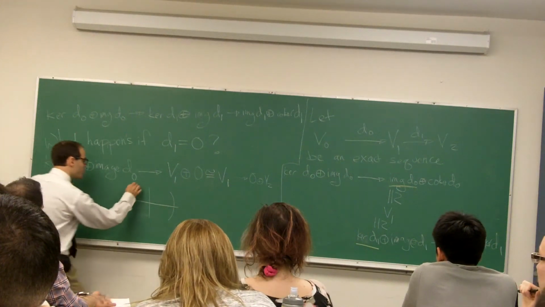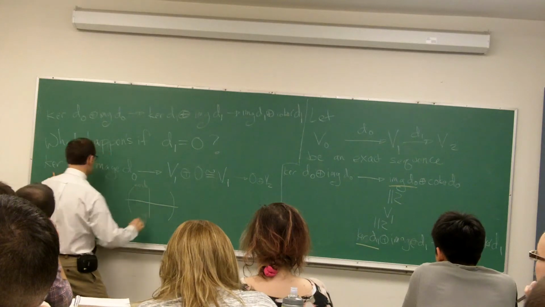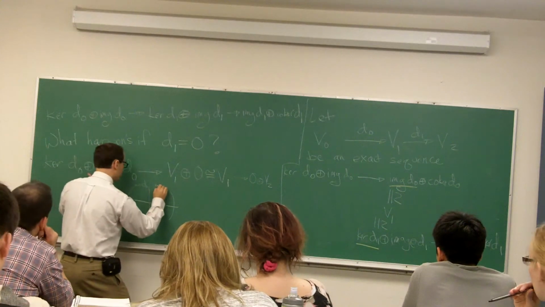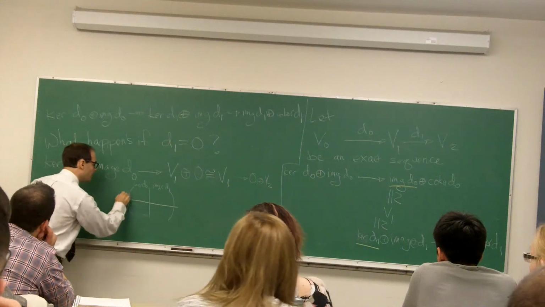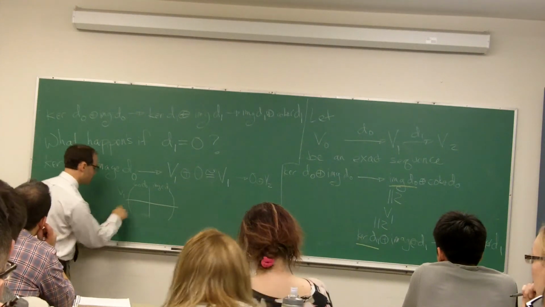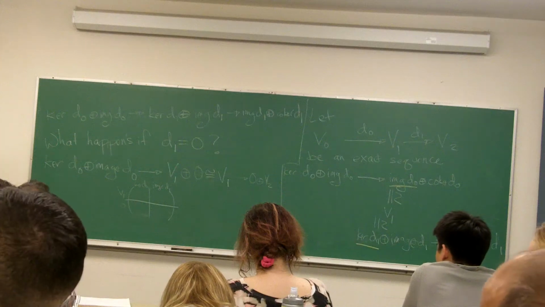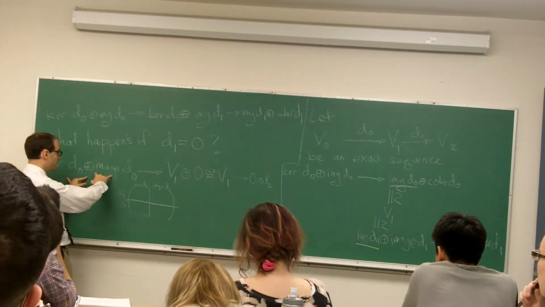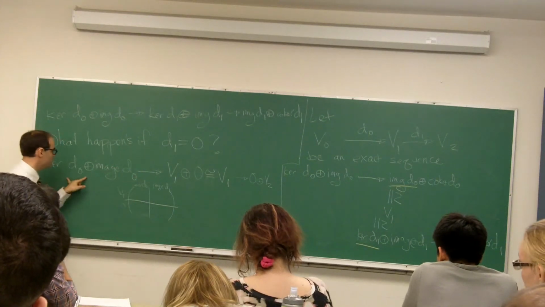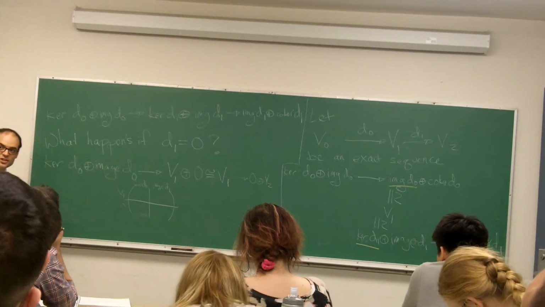I'm going to come from the kernel of D0, I've got the image of D1, I've got all of V1 over here, and I've got nothing there. So when I concatenate these bases and figure out what this linear map ought to be in this big, long basis.